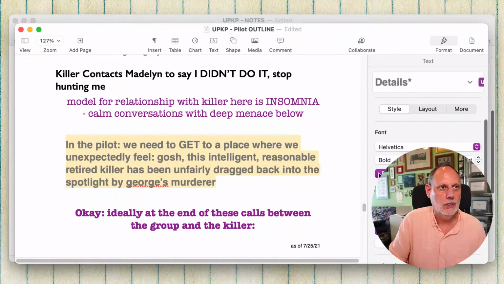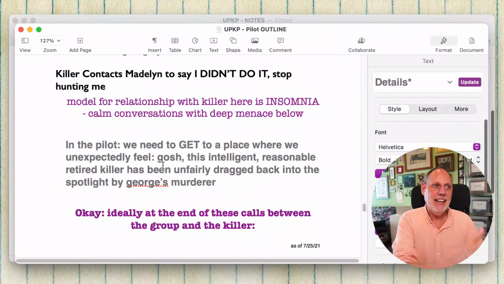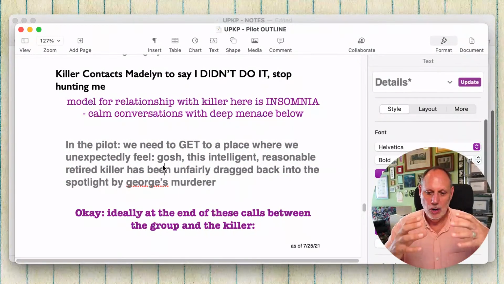And that is where we get to our understanding of the killer.